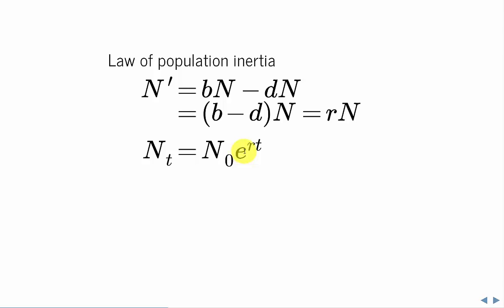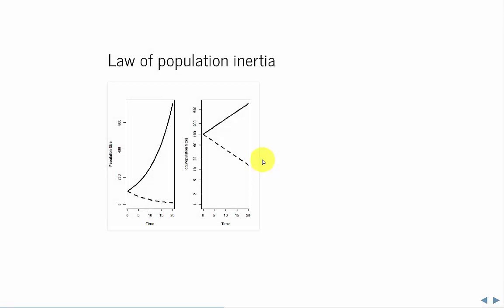The population will grow if little r is positive, that is bigger than 0, and will decay if little r is negative or less than 0. Looking back here, we can see that those two conditions correspond to whether the birth rate is greater than the death rate or less than the death rate. We can look at these equations graphically.